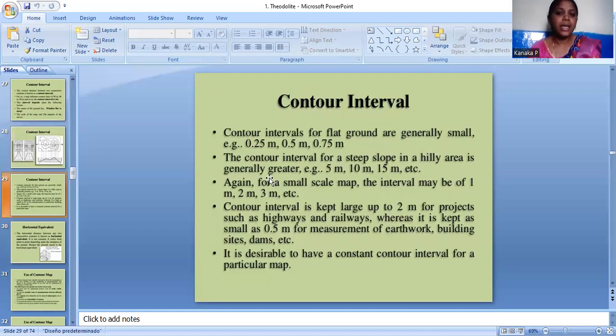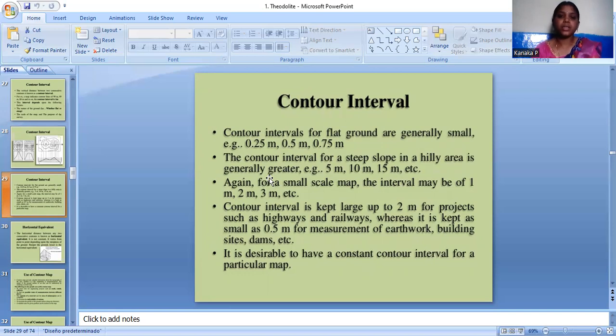For a small scale map the interval may be 1 meter, 2 meter, 3 meter. So a desirable constant contour interval is chosen for particular maps. This is called the contour interval.